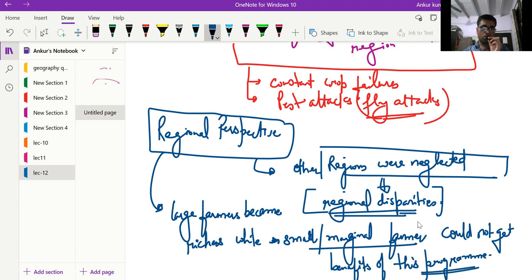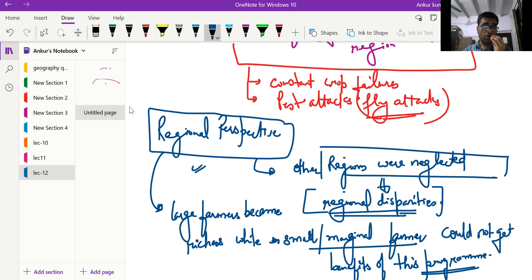So this was the regional perspective and how the capitalist system developed in agriculture, which affected the small and marginal farmers, while the larger farmers were less affected and more insured against many other negatives of the green revolution. So this was the third problem of the green revolution.